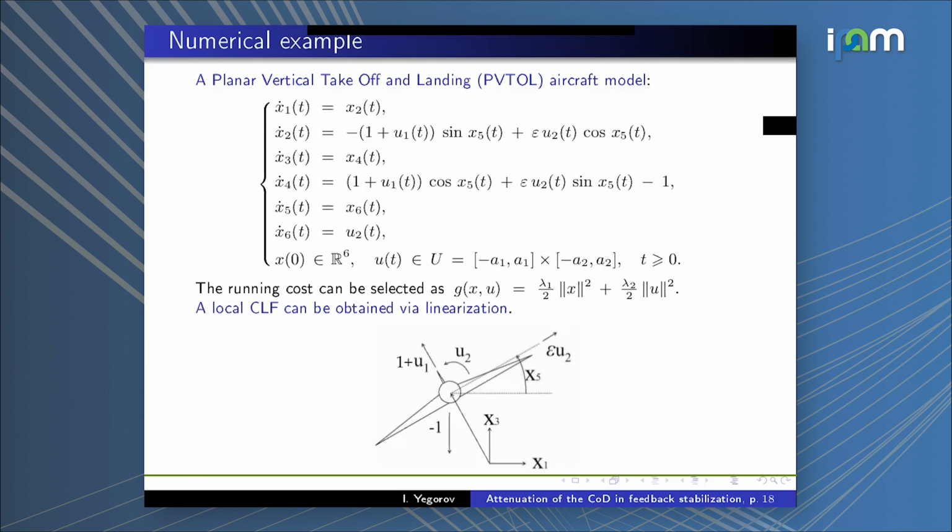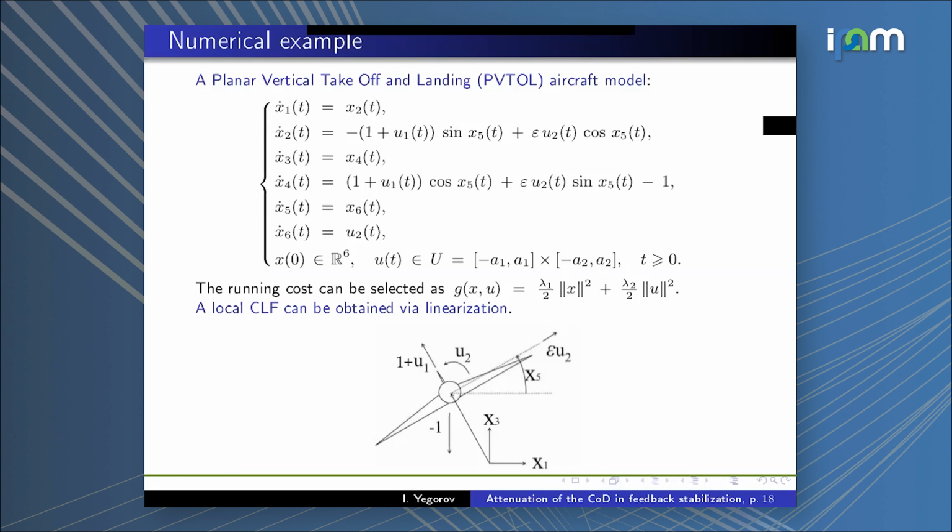In this problem, we can obtain the local control Lyapunov function via linearization. So it turns out that the system is locally controllable to 0. There are certain sufficient conditions for that. Also, we can construct the corresponding quadratic local control Lyapunov function. And then when we know this control Lyapunov function, we can take its sublevel set where the infinitesimal decrease condition holds for the original nonlinear system.